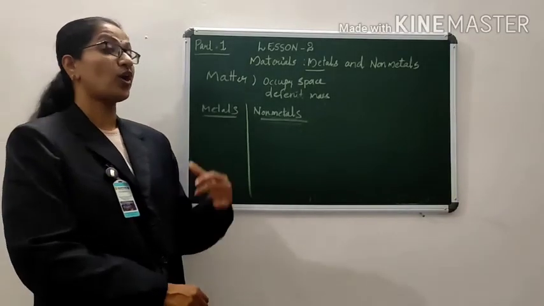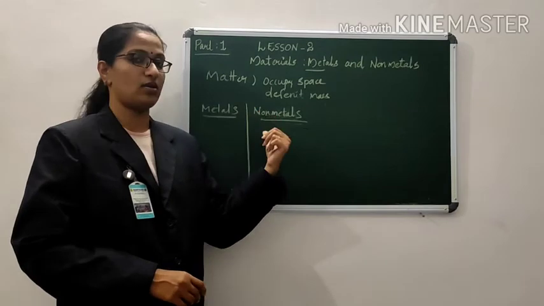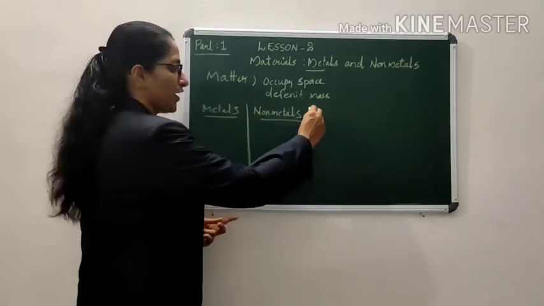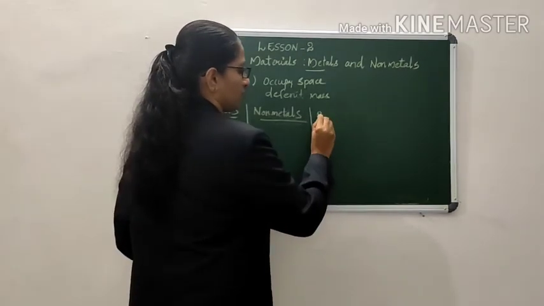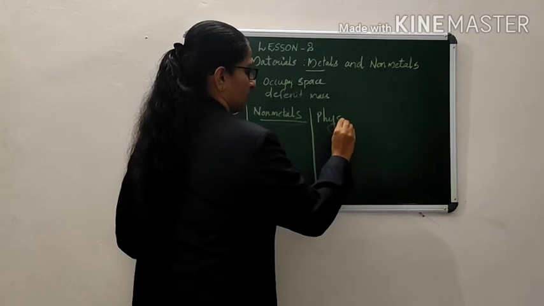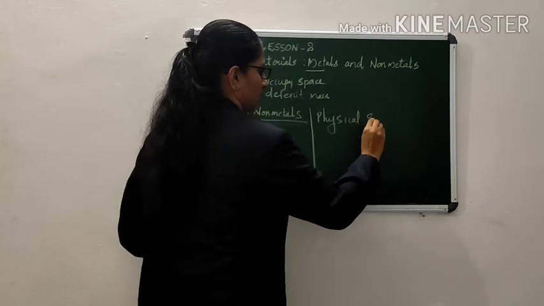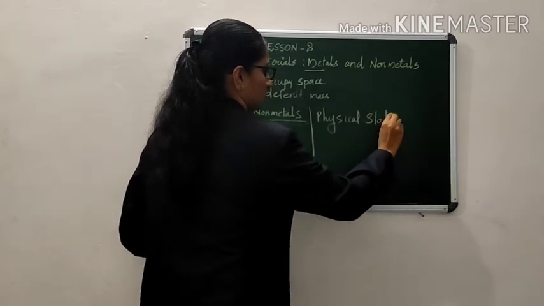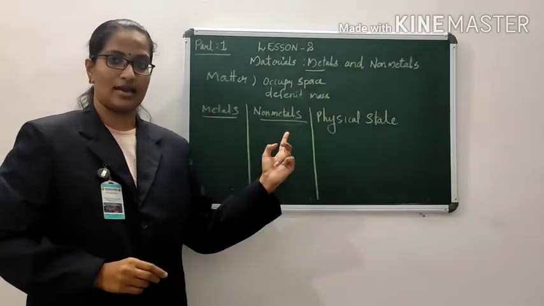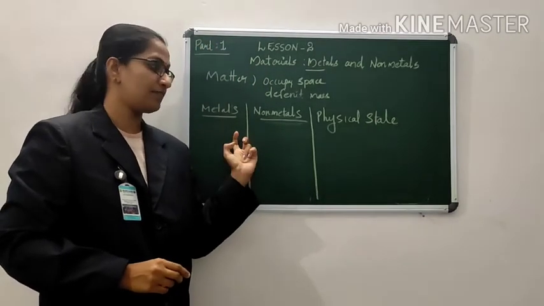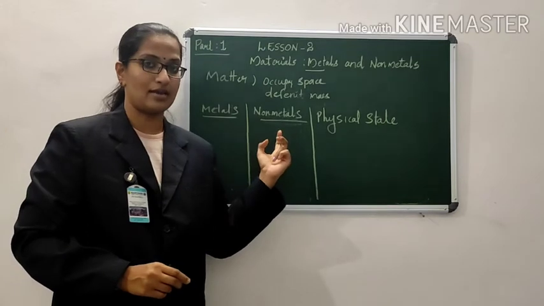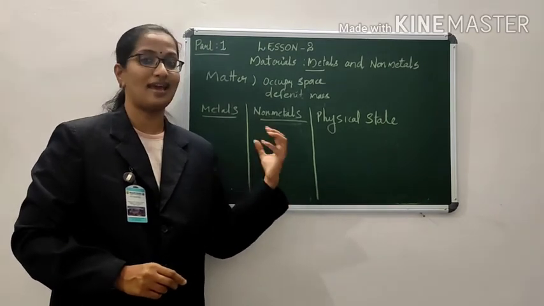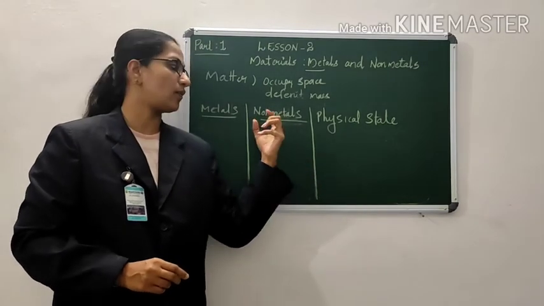We are going to differentiate the metals and non-metals. First of all, we are going to discuss the physical state: how a metal looks like, how a non-metal looks like, and what kind of state it exhibits.